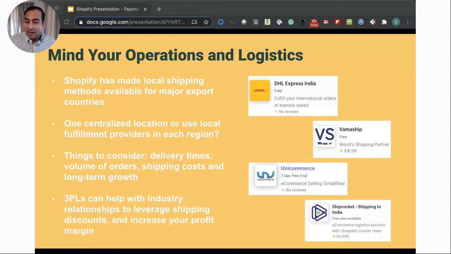And having deep partnerships with these 3PLs can obviously help you increase your profit margin, because as you scale, they're able to give you better shipping discounts, etc. So there is a great app by DHL that I wanted to highlight, which basically helps you sell and ship globally using the entire CSB5 process that's there in India.